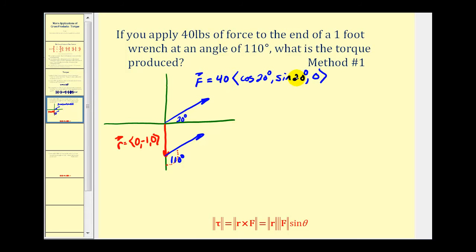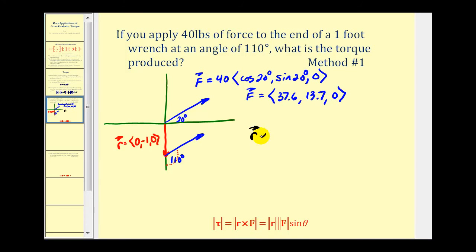Let's go ahead and perform the scalar multiplication here. So vector F is going to be equal to 40 times cosine 20 degrees, which is approximately 37.6, and 40 times sine 20 degrees, which is approximately 13.7, and the z component is 0. Now what we have to do is cross r and F and then find the magnitude.